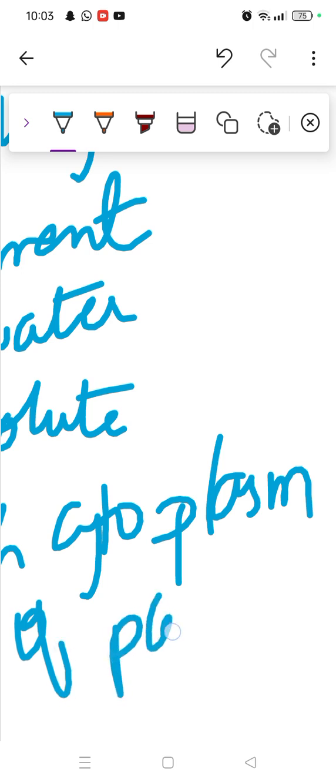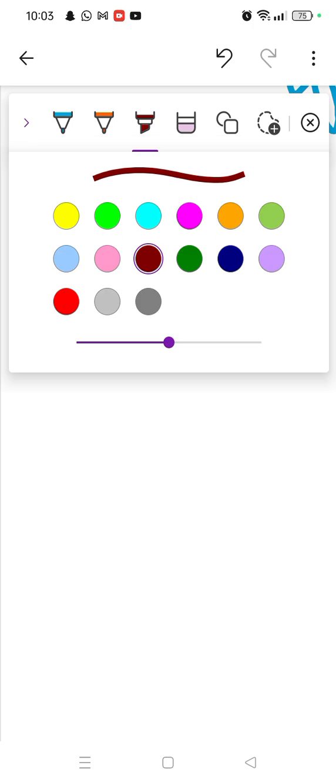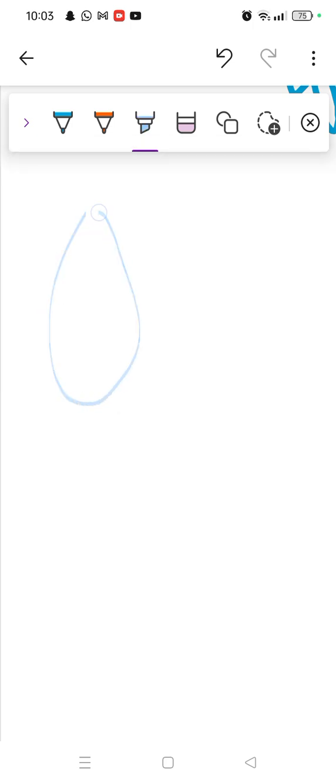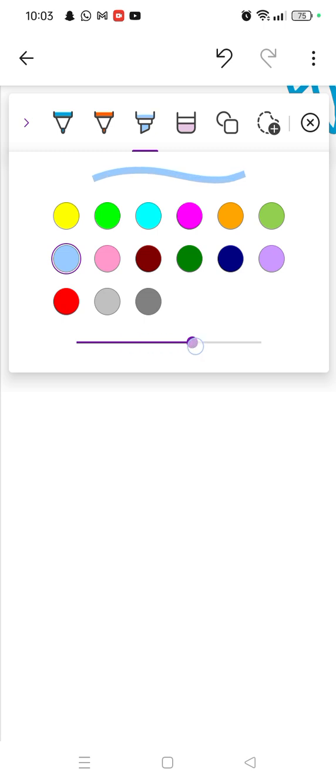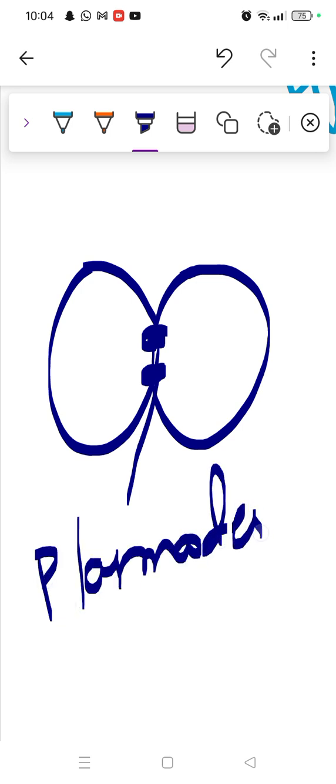If I just make a picture here, let me explain. So if this is the picture, you will see a few holes around like a structure, called plasmodesmata. These are the holes.